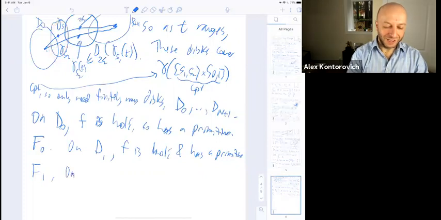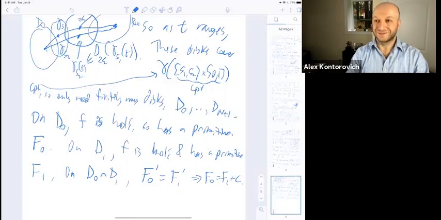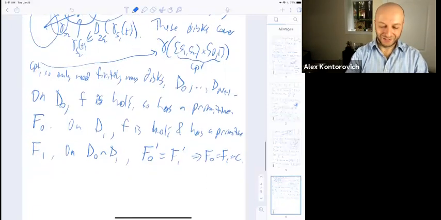On D0 intersect D1, we have two primitives. F0 prime is equal to F1 prime. And so F0 is equal to F1 plus some constant. Okay.